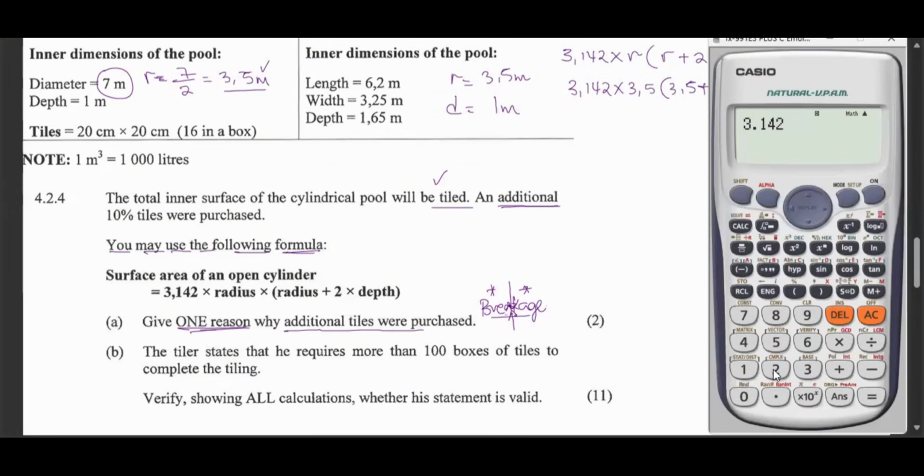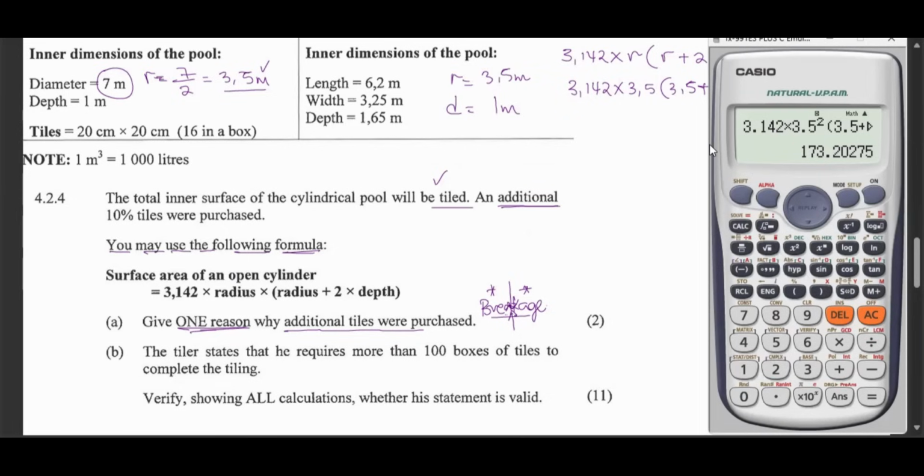3,142 times 3,5, but it has to be squared. The formula says open brackets, the radius again inside, plus 1. Please close brackets and you press equals.